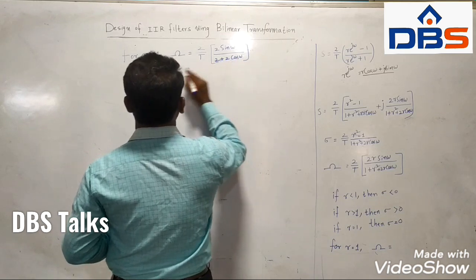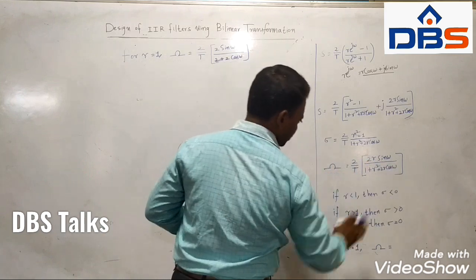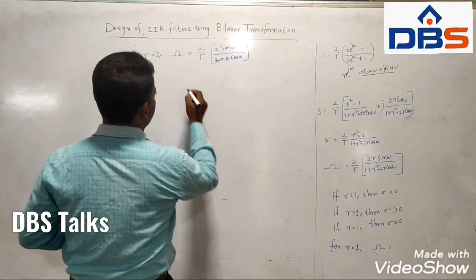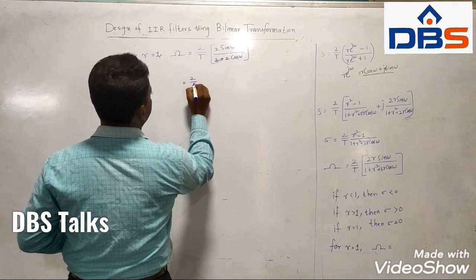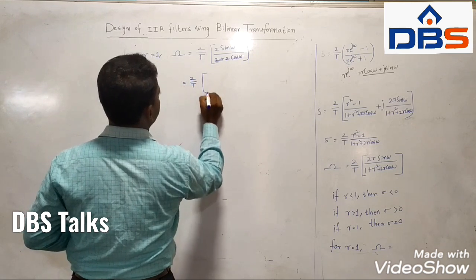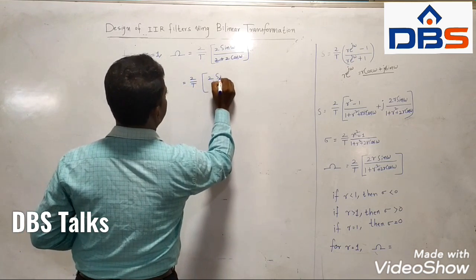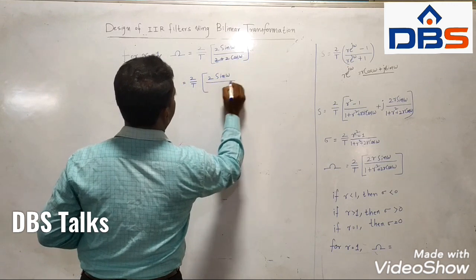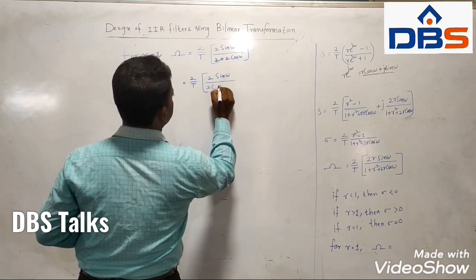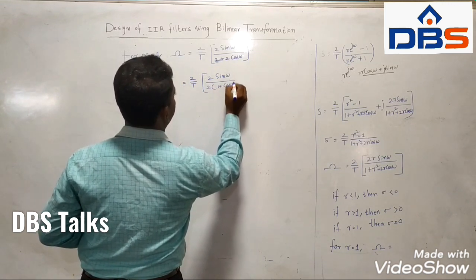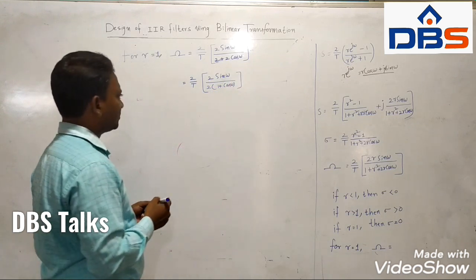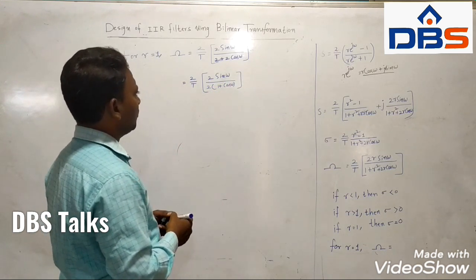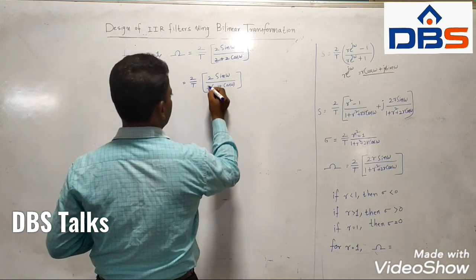Wherever r is there, you just substitute the r value. So this can be written as 2 sin omega divided by 2 into (1 plus cos omega). This 2 will get cancelled.